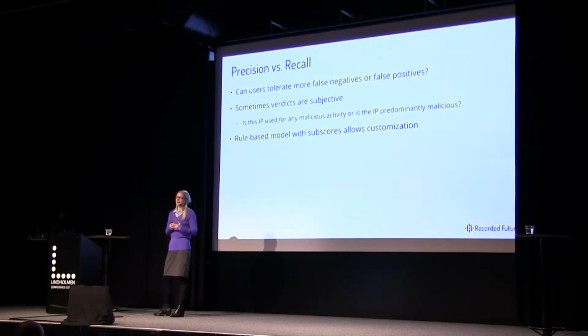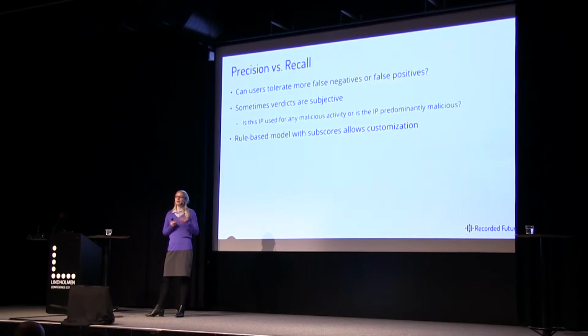So in our case, if we're looking at a particular IP address, we may have some users who will consider it malicious if there is any malicious activity observed on that IP, even if it's also being used for more legitimate business. Whereas others really only think it's malicious if everything through that IP is malicious. And so this again makes it difficult for us to find that right balance.